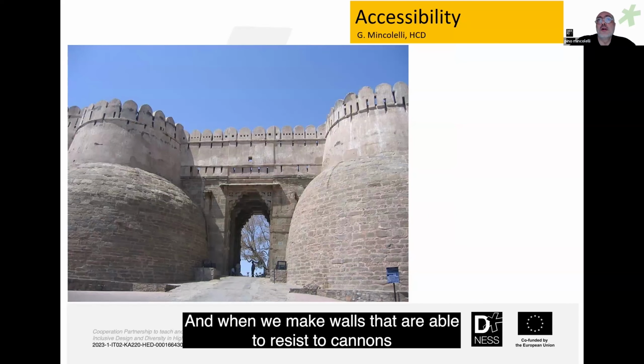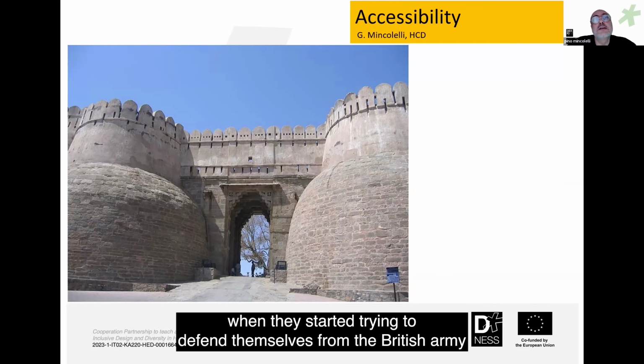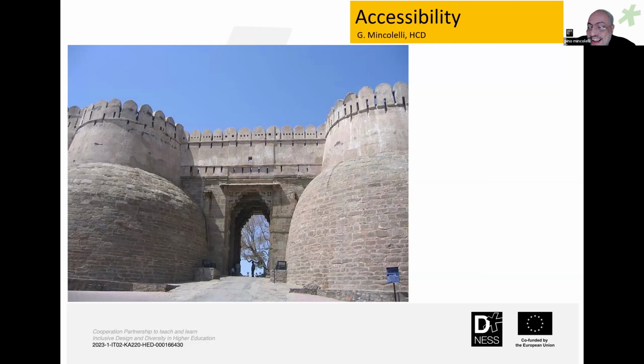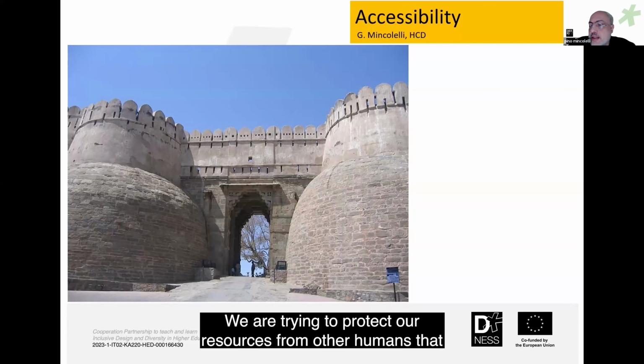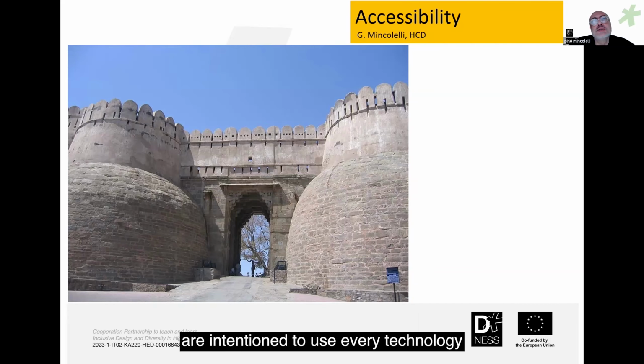And when we make walls able to resist cannons, this is a fortress in India, when they started trying to defend themselves from the British Army. We do the same. We are trying to protect our resources from other humans that intend to use every technology that they have to steal our resources.